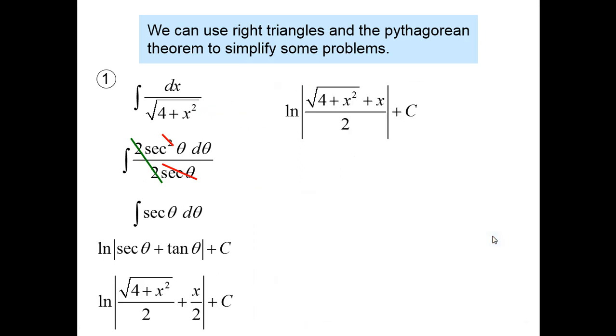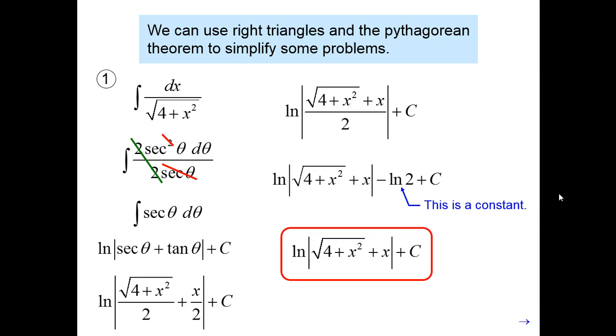Write that all over 2. And remember, with log properties, we can separate this into the natural log of the expression in terms of x minus the natural log of 2 plus c. And remember, when we have an extra term that's a constant out there, we can just combine that with the c. And this is how I want your final answer.